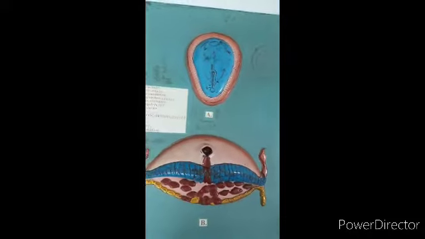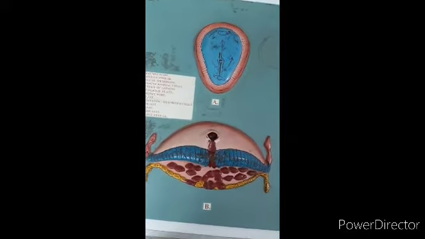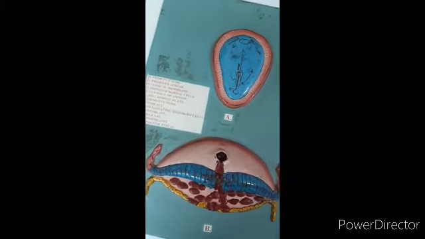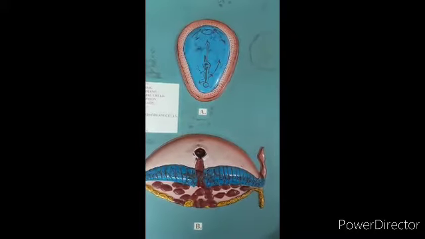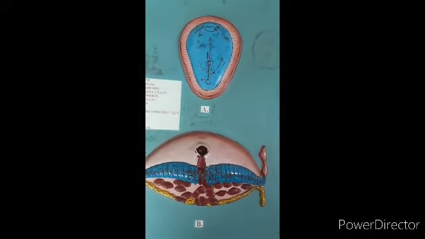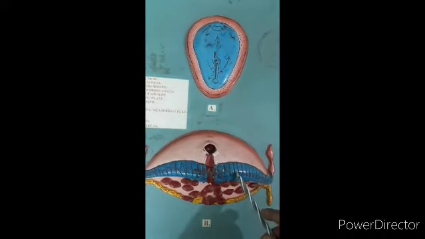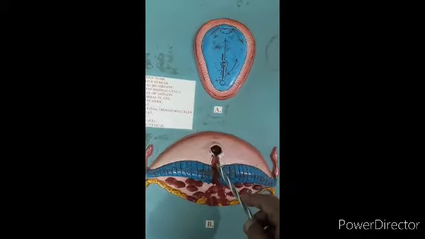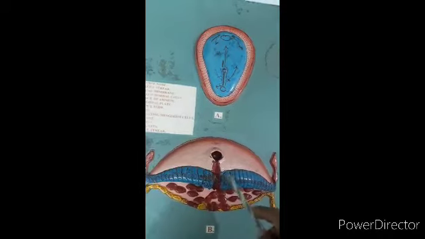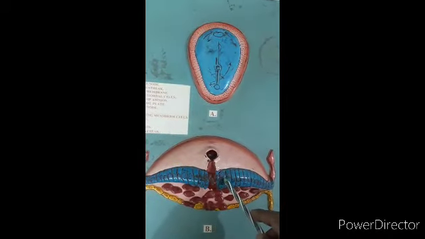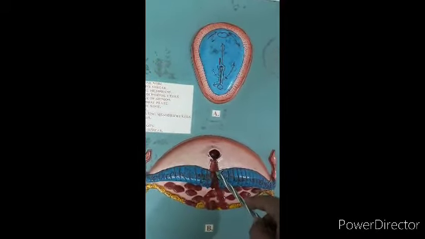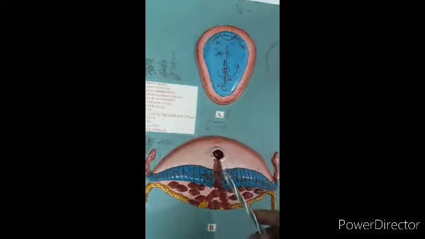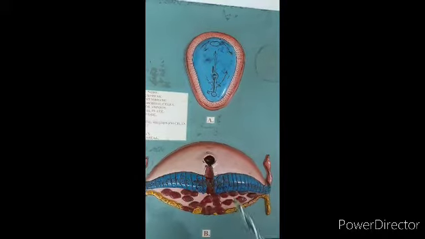Okay, now how does the bilaminar disc convert into the trilaminar disc? First of all, I will show you one by one. Some epiblast cells migrate into the midline to form the primitive streak. I have already told you, okay, which elongates from the caudal to the cranial end, and the fate of the embryo is decided at that level.